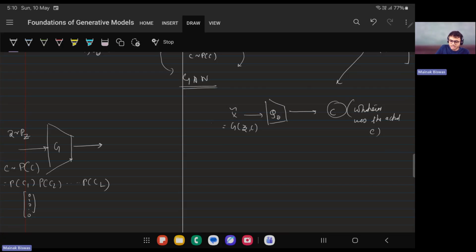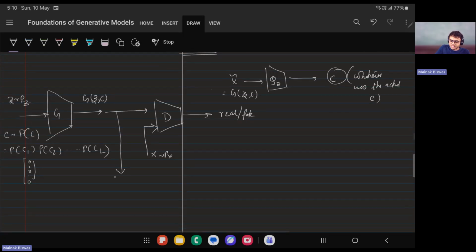You sample these two, get Z, C, then pass it through a discriminator D, which predicts X, real or fake. But you should be able to predict the C from this generated data.